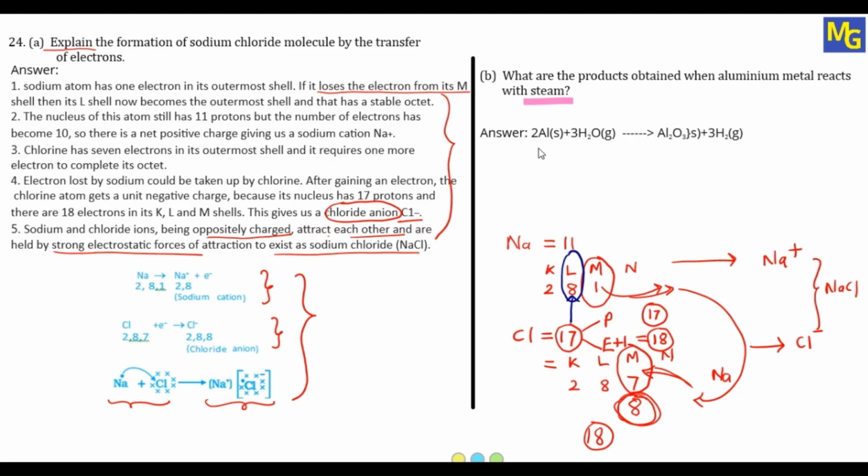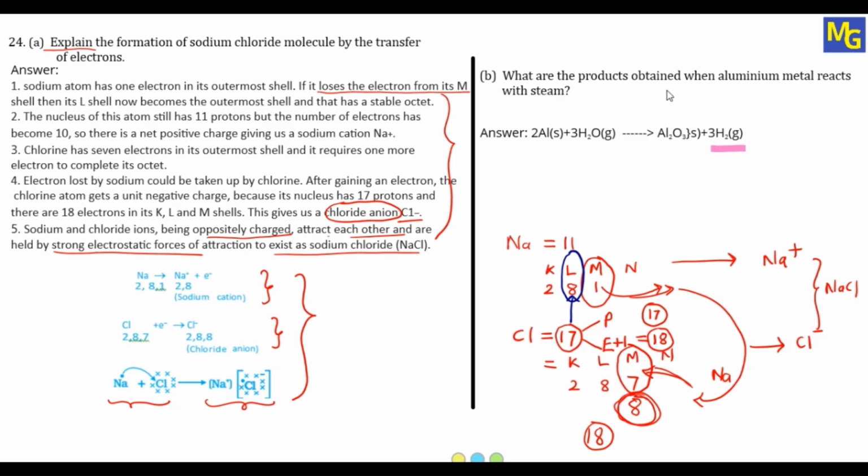Aluminium is one of the metals which will react with steam. When aluminium combines with steam, it gets converted into aluminium oxide, Al2O3, and hydrogen gas, H2 is liberated. So this is the reaction we have to write for this question.